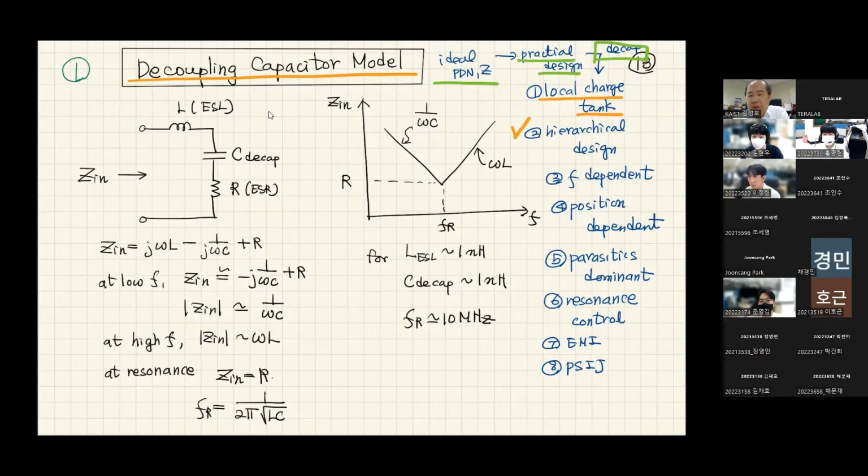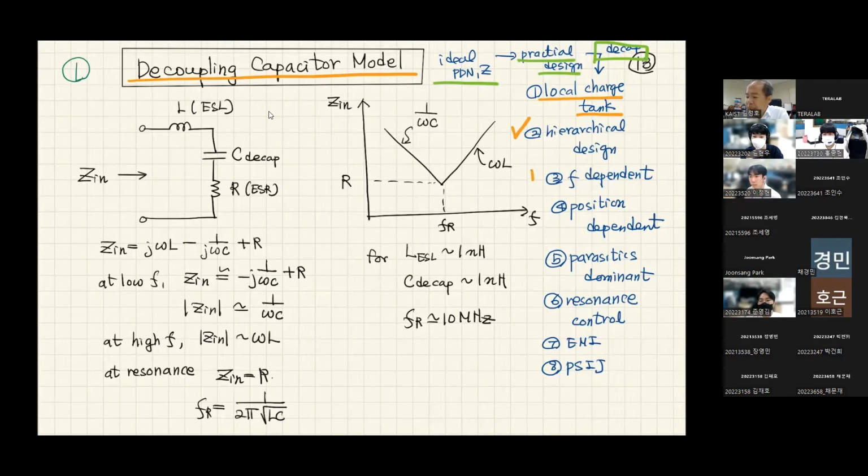We are going to put high frequency decoupling capacitors as close as possible to the chip. And sometimes low frequency decoupling capacitors are placed on the PCB with the voltage regulator module.